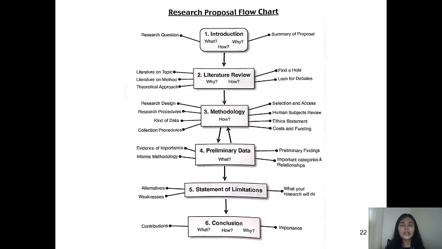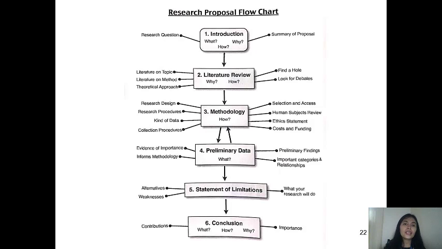So overall, if you want to see the flow chart of the research proposal, first of all, you need to come up with a research question, a background: what, why, and how. If, for example, you're talking about Scrum applied for a particular application, what is the first thing that you want to solve, or what is actually the problem that you want to solve from this research?